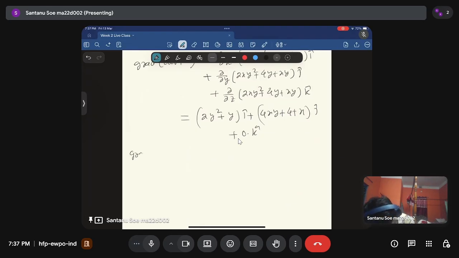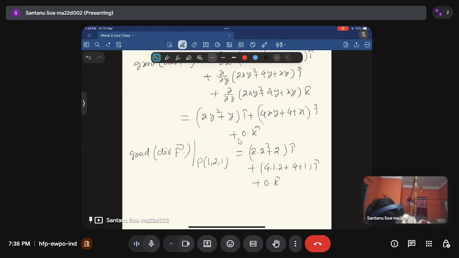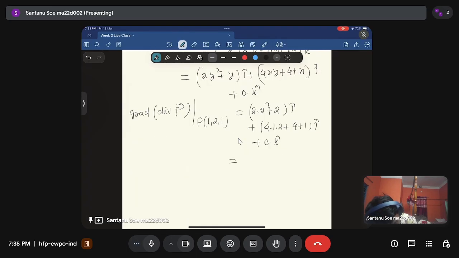so now gradient of divergence of f at the point (1, 2, 1). So this is just (2 into 2 square plus 2) i cap plus (4 into 1 into 2 plus 4 plus 1) j cap plus 0 k cap. So this is 10i plus 13j.